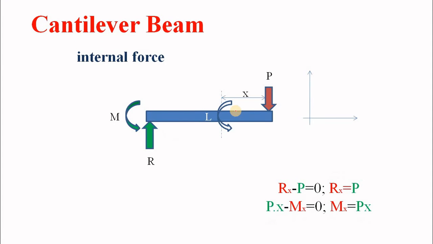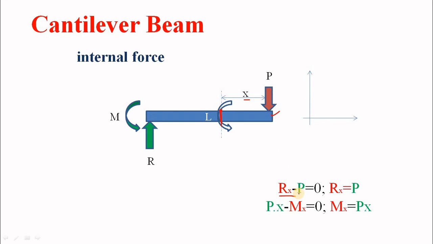Just assume this beam again, and we assume a section at a distance x from the free end. So what is the reaction at this section at a distance x from the free end? Well, let's assume the reaction is Rx. Again, Rx is upward.